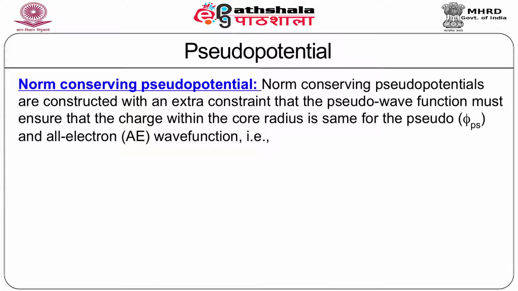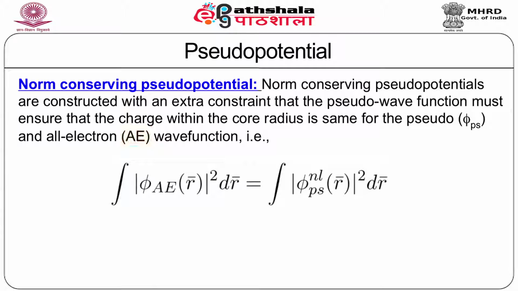Norm-conserving pseudopotentials are constructed with an extra constraint that the wave function must ensure that the charge within some core radius, let's say RC, is the same for the pseudo, which we show here as phi ps, and the all-electron wave function, shown as AE. That is, the integral of modulus of phi AE squared should be the same as phi ps modulus squared integrated over the space.